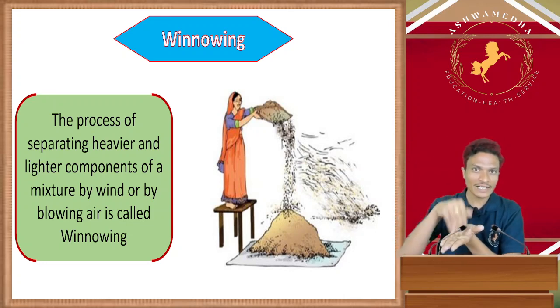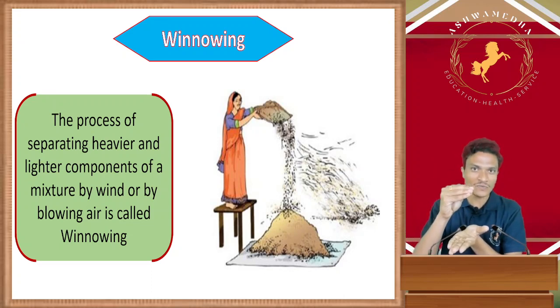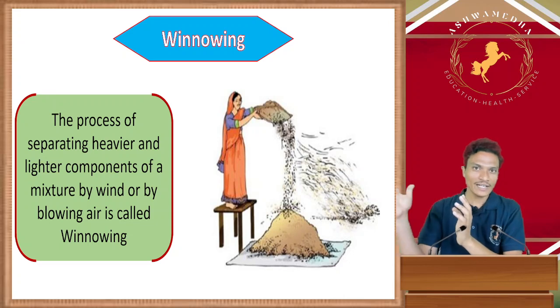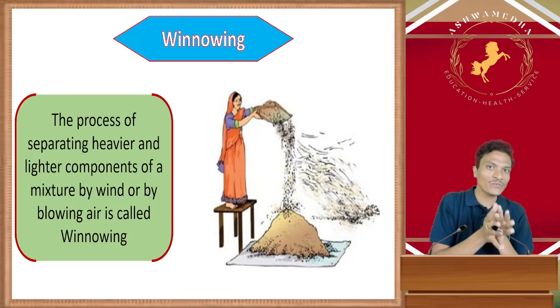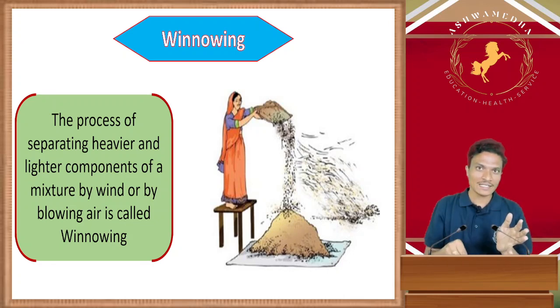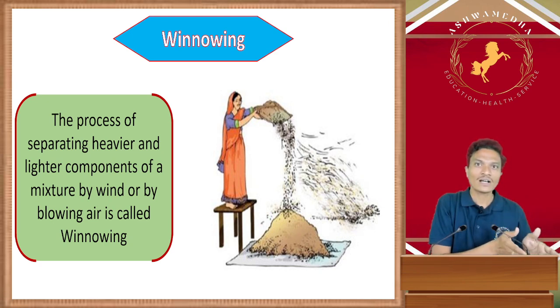But the dust particles will not fall down directly to the ground. Those will swing slowly. At the time of swinging down, if the air is blown, then those impurities, those dust materials will move away from the grain's path, and will get collected a little bit far.